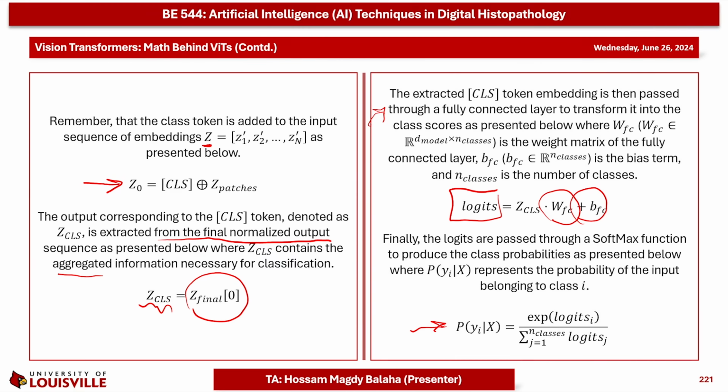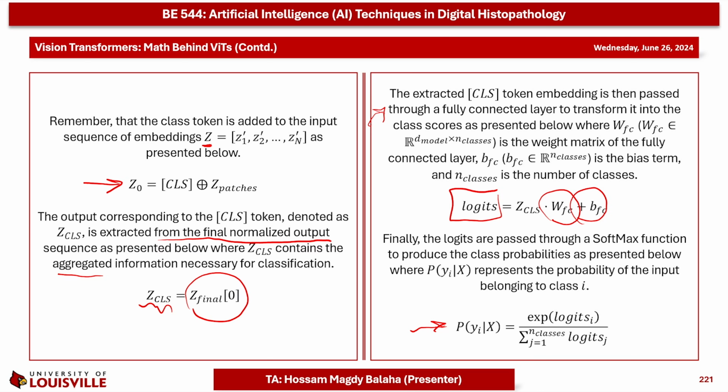Finally, the logits are passed through a softmax function to produce the class probabilities as presented in this equation. The softmax function gives a probability for each class, and to get the corresponding class, for example, benign or tumor, we need to find the index of the maximum probability and map it to the corresponding class.